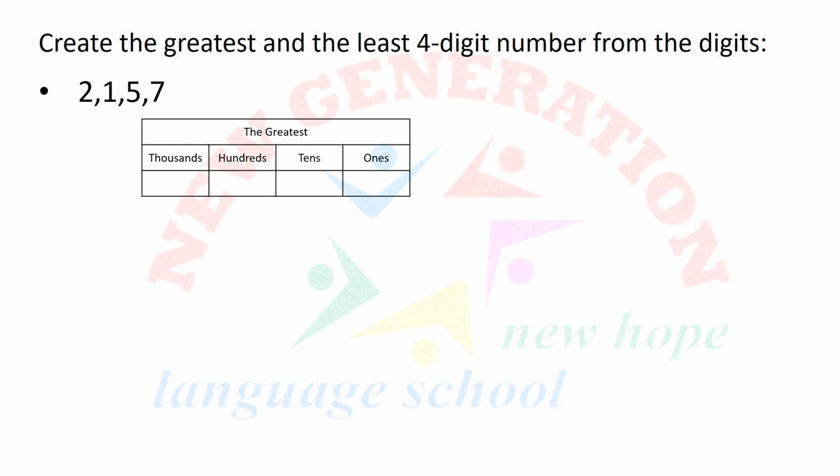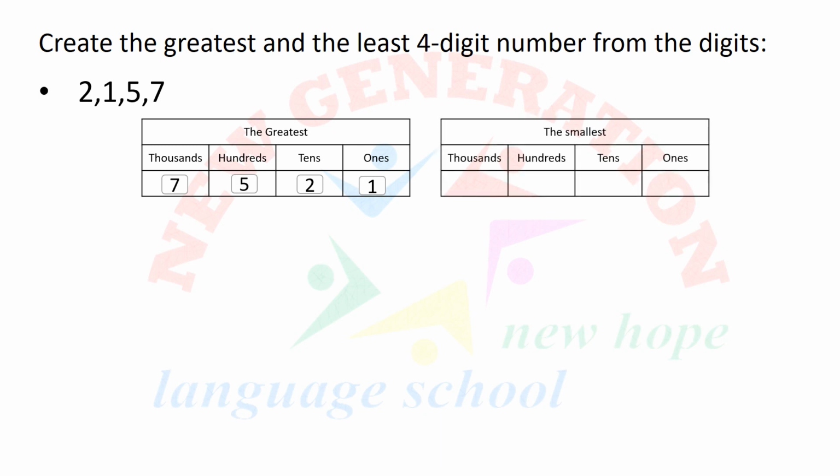The 7 makes 7,000. But if I put another number like 5, it will be 5,000. So I put the number that makes the place value as great as possible: 7 inside the thousands, 5 inside the hundreds, 2 inside the tens, 1 inside the ones.